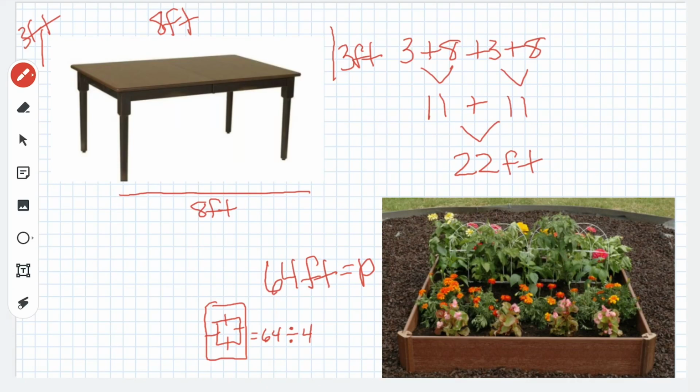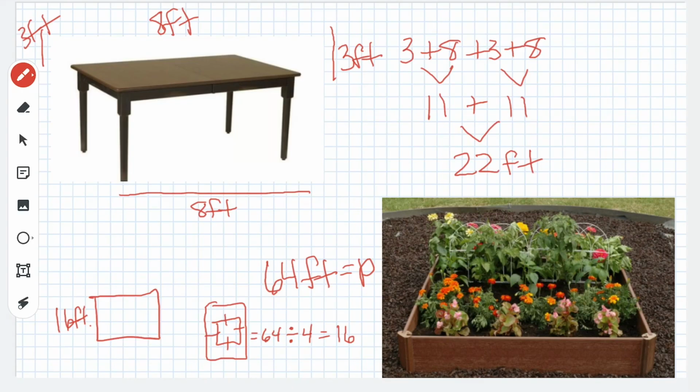And what am I going to get? Well, 64 divided by 4 is 16. That means that the length of each side of this flower bed is 16 feet.